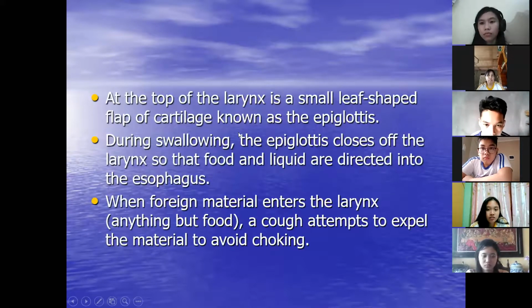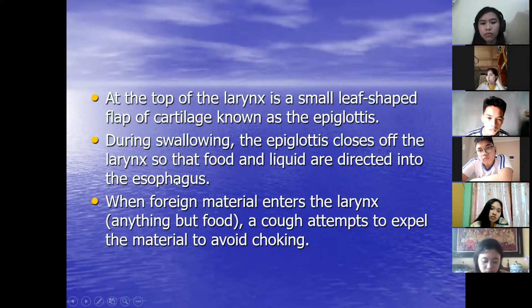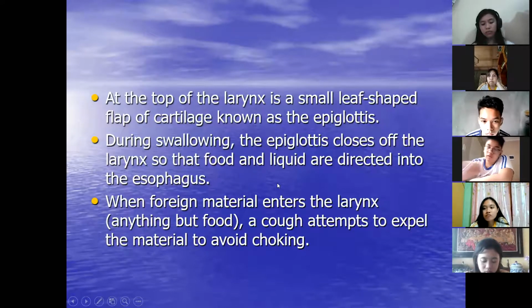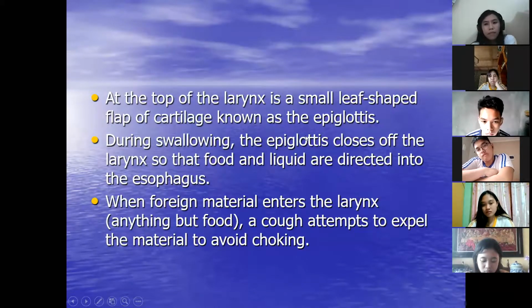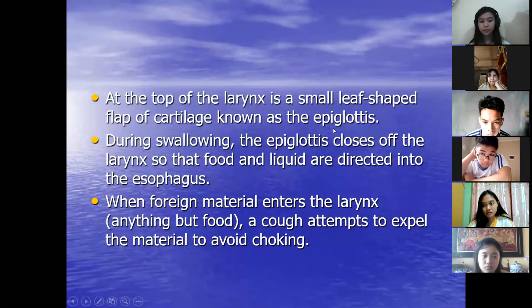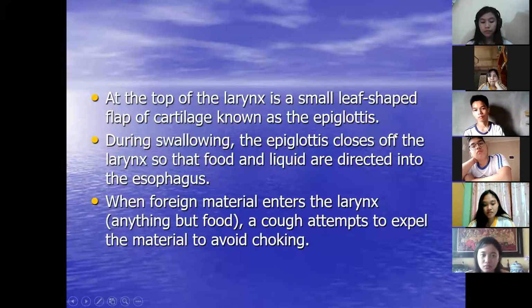Okay, this part. During swallowing, the epiglottis closes off the larynx so that food and liquid are directed into the esophagus. I think you can recall the video about this one, so please see the video again to be clarified. That epiglottis has an important job in protecting the larynx down to the alveoli. Nothing else can enter it except air.